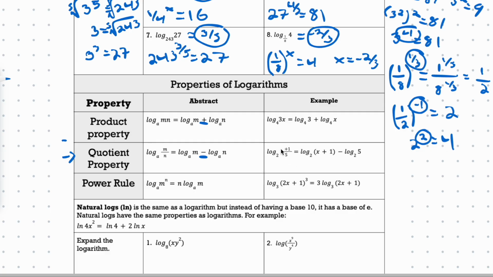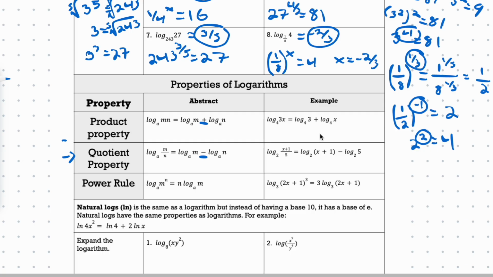Now, actually, sorry, let's look at these examples real quick. We have log base 4 of 3 plus log base 4 of x. Because they both have the same base, we can just multiply this 3 and this x and make that into log base 4 of 3x.